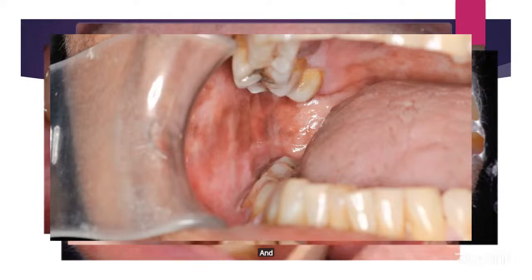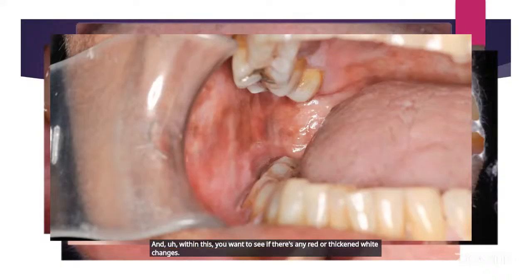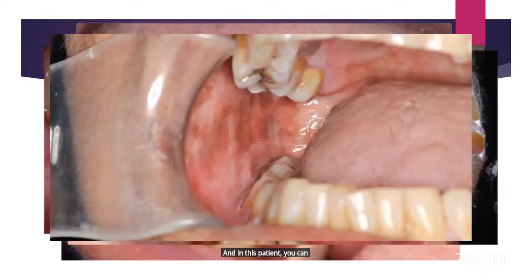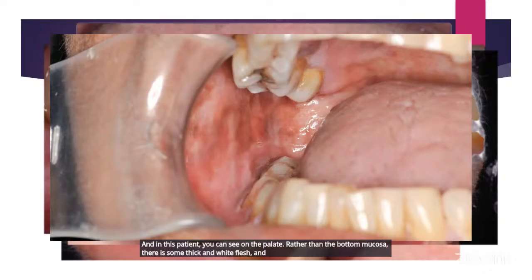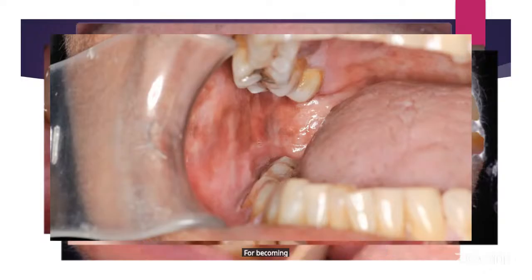And within this, you want to see if there's any red or thickened white changes. And in this patient, you can see on the palate, rather than the buccal mucosa, there is some thickened white patch, and it would be that area that would be the highest concern for becoming a cancer in the future.